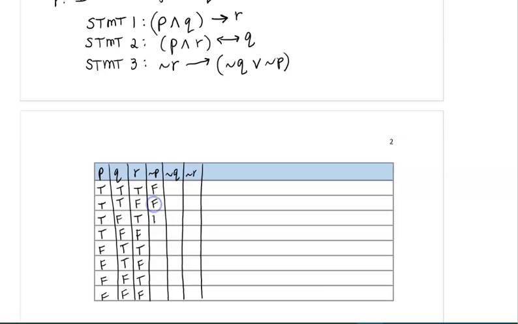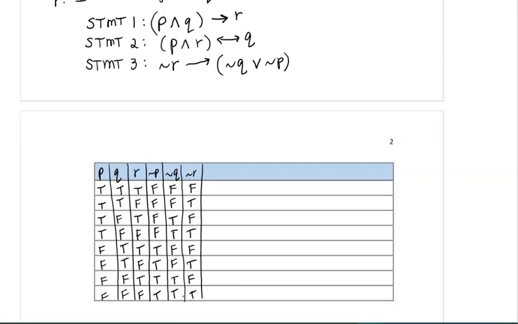Negating means that we're taking the opposite truth values. Those just looked a little messy, so I just rewrote them.